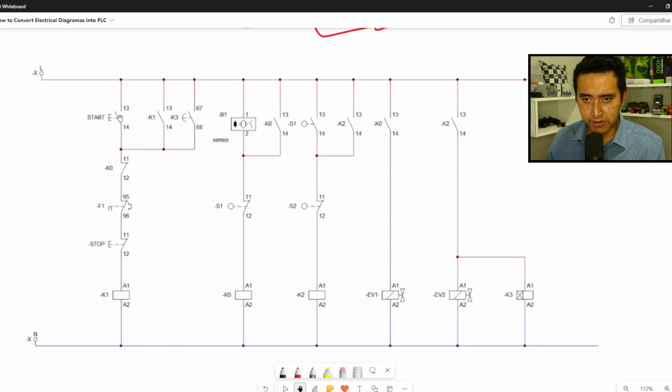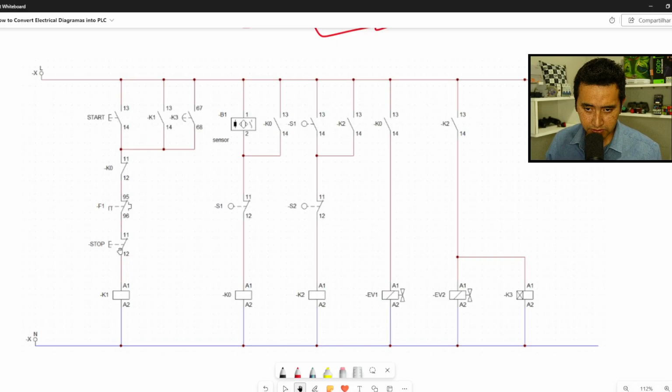If you look at this start button and K1, I have the seal of the contact. When we push this button, K1 turns on. When K1 turns on, this normally open contact closes. Then the motor here is turned on. Then you stay in this state.